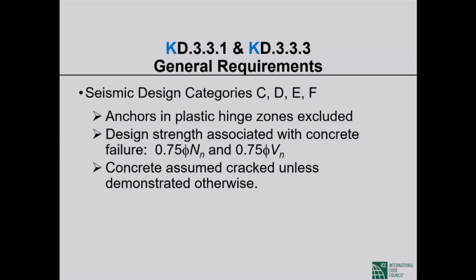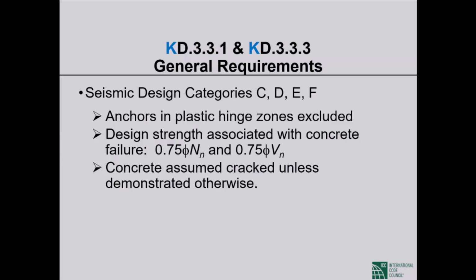Okay? Then, very importantly, design strength associated with concrete failure. So when you have an anchor embedded in concrete and you pull on it or you subject it to shear, the anchor itself may fail, the steel may fail, or it may be a concrete failure.